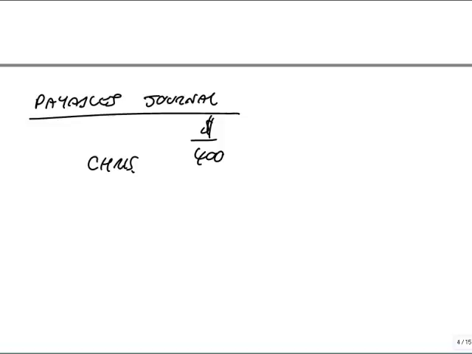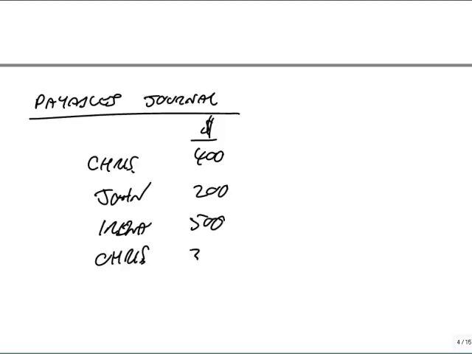And what's likely to happen, of course, is maybe a bit later we buy more goods from Chris. You know, we're going to have lots and lots of purchases on credit. Now, don't copy this, but maybe tomorrow we buy from John for 200. Maybe the next day we buy from Irina for 500. Maybe then we buy some more goods from Chris for 300. You'll have a great long list. You agree?